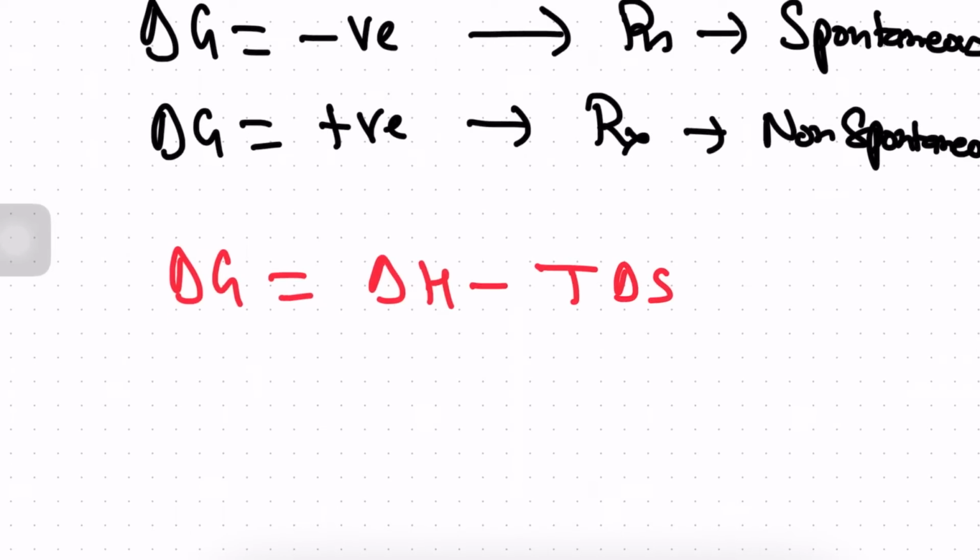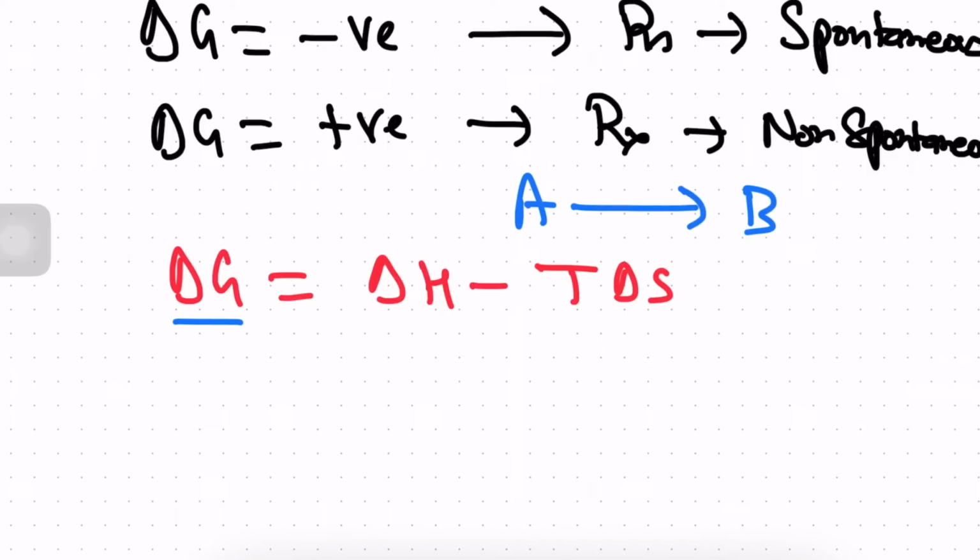Suppose in any reaction A is being converted into B. If your delta G value finally becomes negative, then the reaction will proceed in the forward direction, otherwise not.